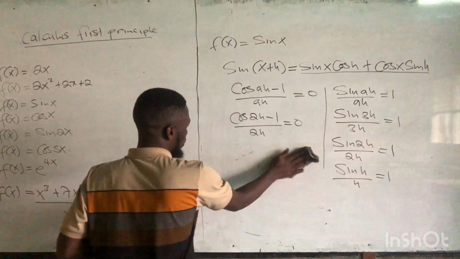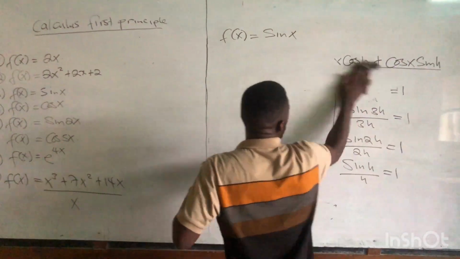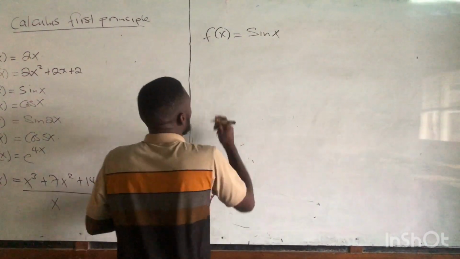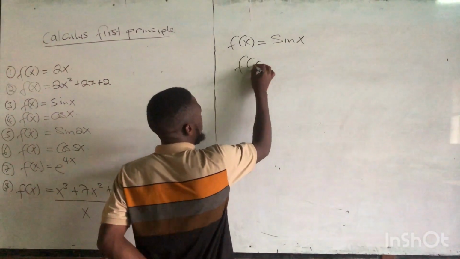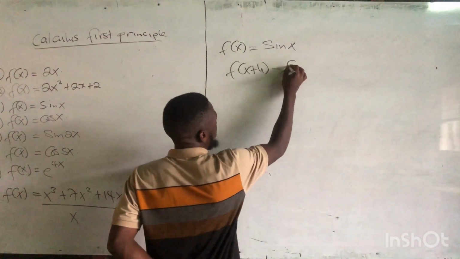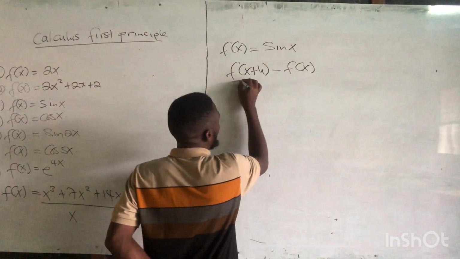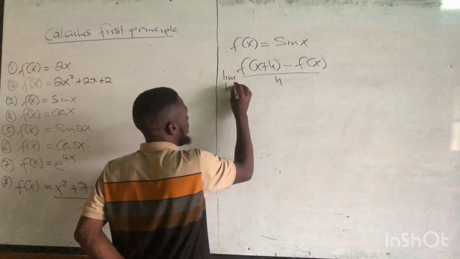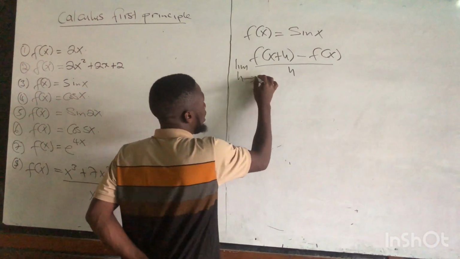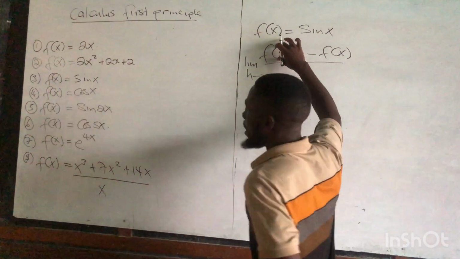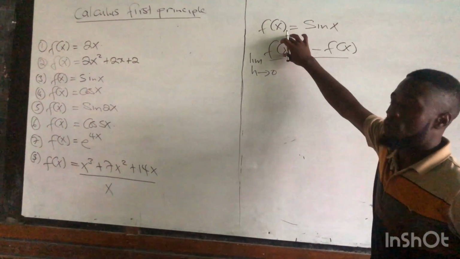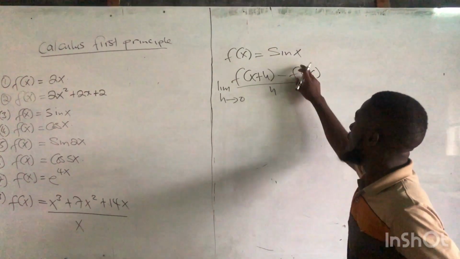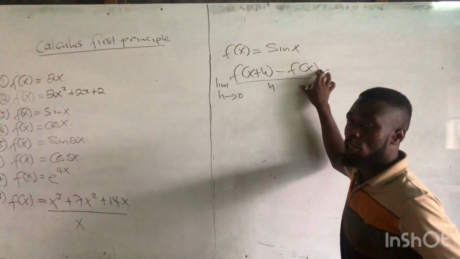So now let's solve this question here. The formula here is f of x plus h minus f of x over h, limit as h is approaching 0. On this first part of our formula, where there's x, we need to put x plus h, minus f of x, which means you need to put the original equation.